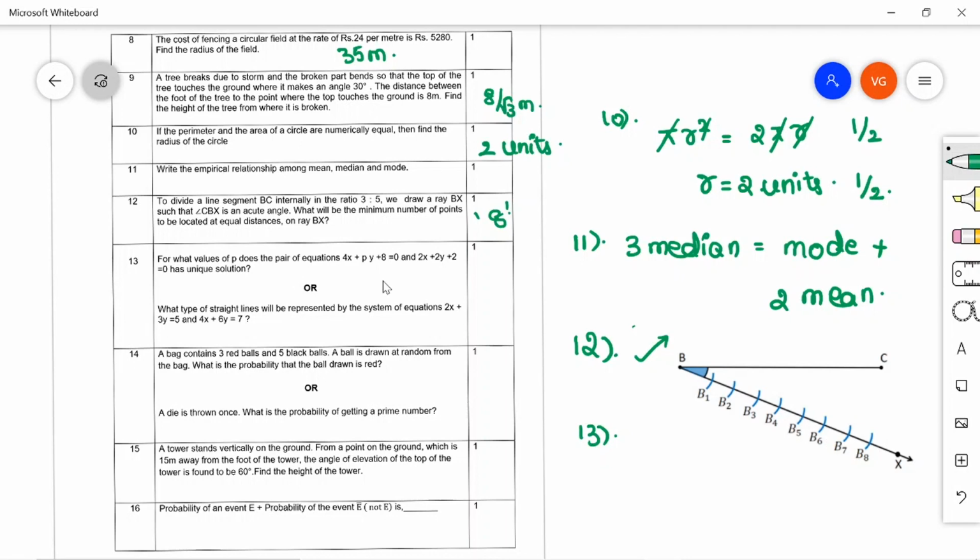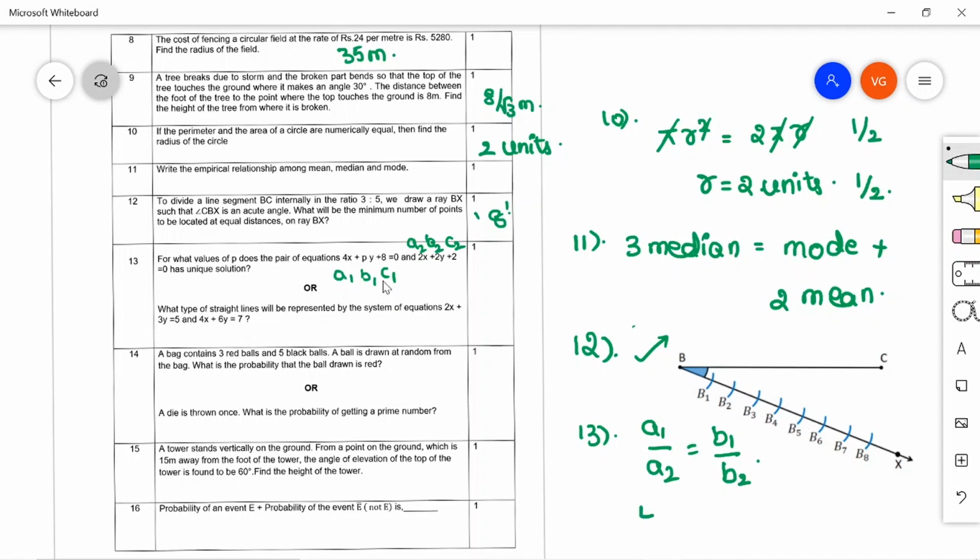For a unique solution, the condition is a1 by a2 should not be equal to b1 by b2, right? So you just substitute what a1 and a2 are here. This is a1, b1, c1 and this is a2, b2, c2, right?